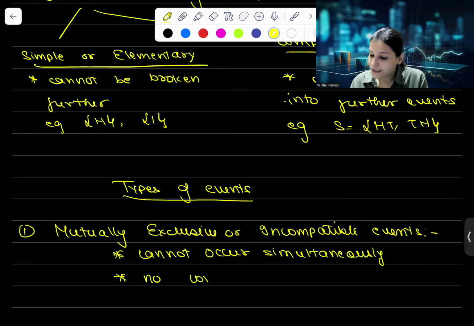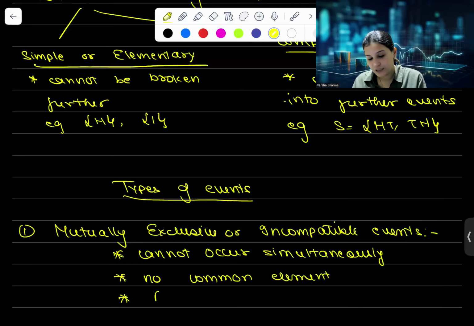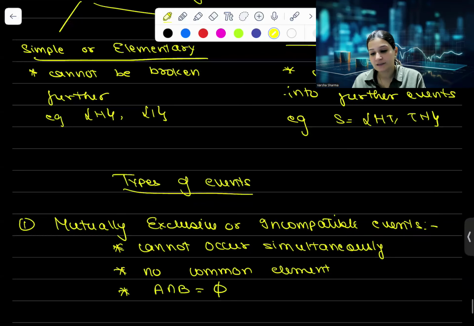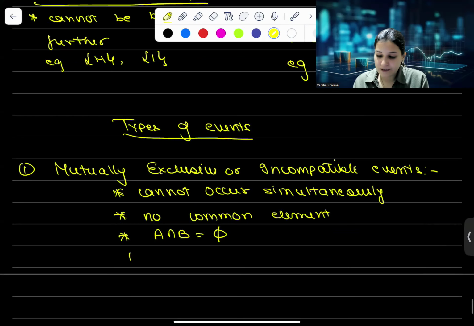No common element. In set theory, which operation gave us common? Intersection. Very good. A intersection B should be nothing, the null set. So automatically, the probability that A and B will occur together will be 0.